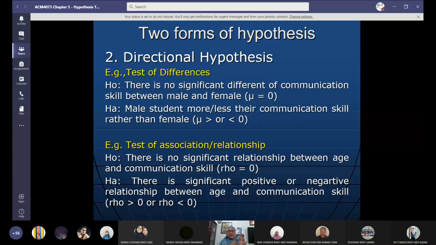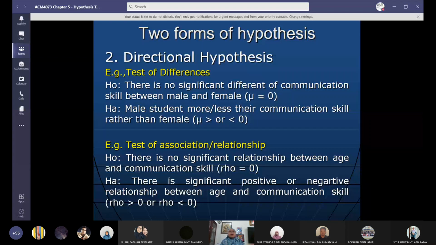But if there is negative findings, negative in the score, even though the age goes up, the higher the age is, the communication skill becomes lower.